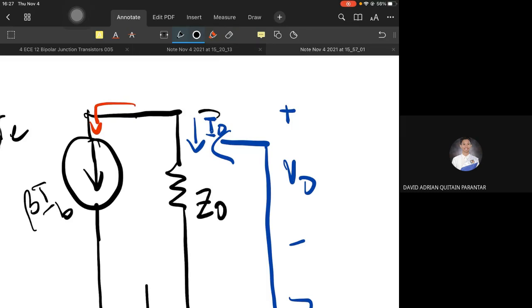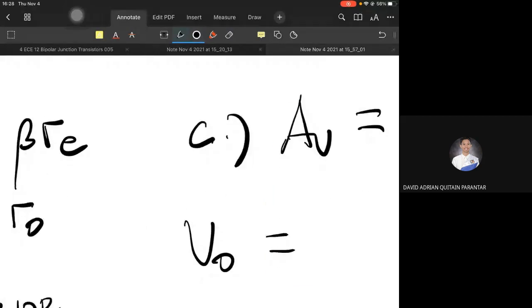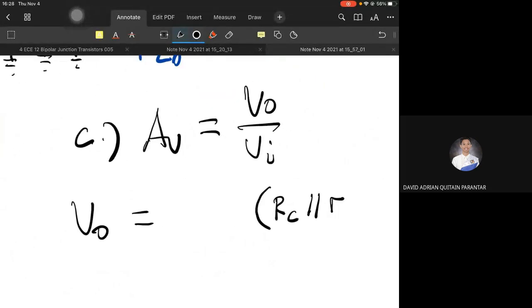And this current IO is numerically equal to the magnitude of beta IB, just in opposite direction, because IO is measured in one direction whereas IB flows in the other. But by virtue of KCL, they have the same magnitude. So we now have an expression for IO, the current at the output.